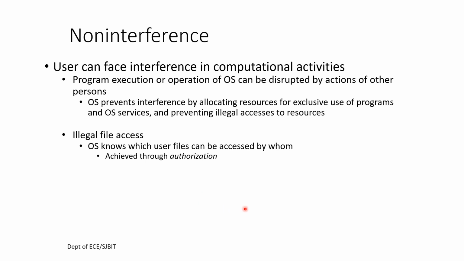In today's class we have talked about what an operating system is, the abstract view of an operating system, and the goals of an operating system. The operating system is an intermediary between the user and the computer system.